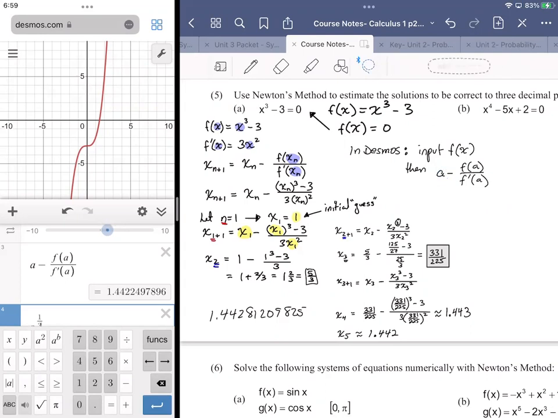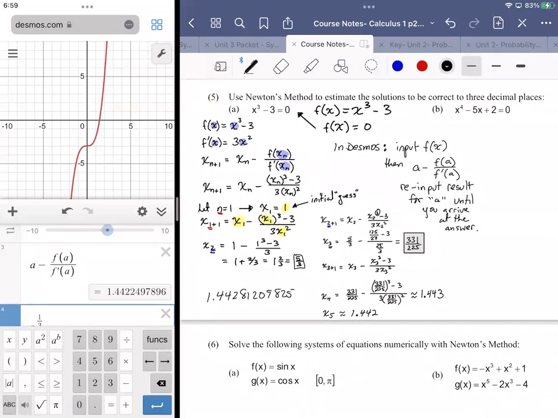And then once you do that, you keep re-inputting your answer for a until you arrive at the answer. So it's really pretty straightforward when it comes to that.